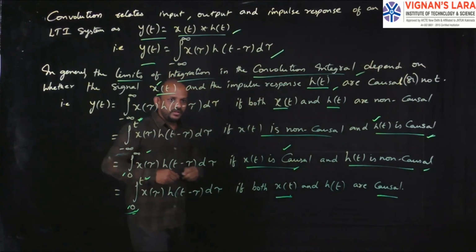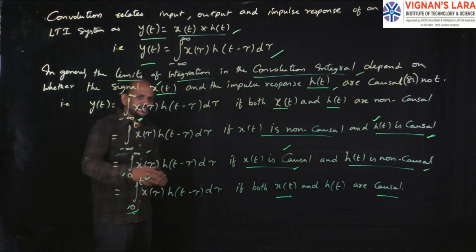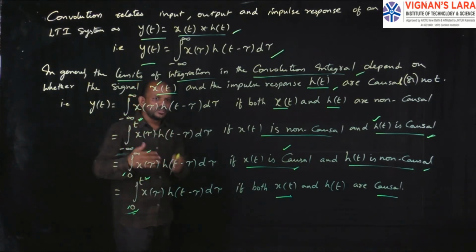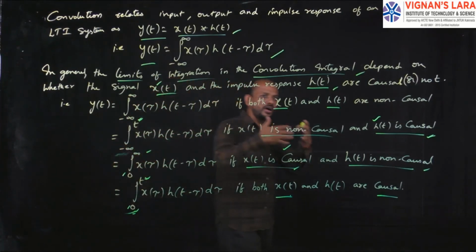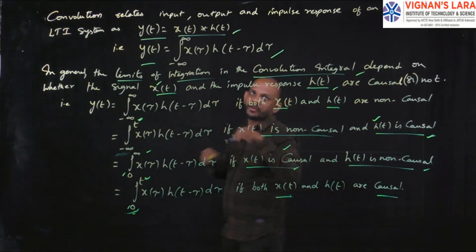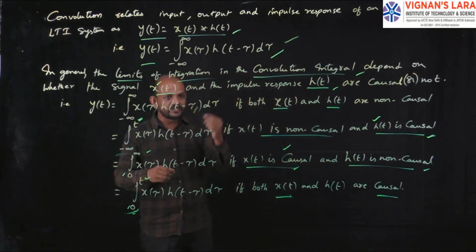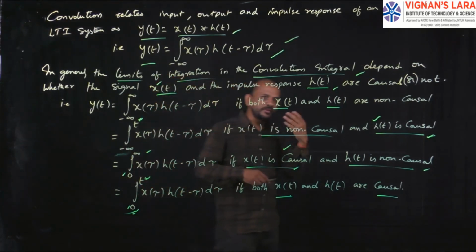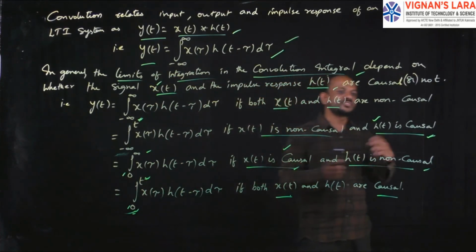Now in this class I explained the introduction of convolution and the concept of convolution, and I gave the formula for convolution, how the input, output and the impulse response of an LTI system are related. In the convolution integral the limits of the integration will depend on the signal x of t and the impulse response h of t, whether these two are causal or not.